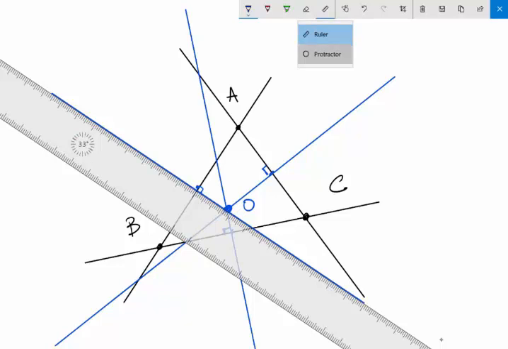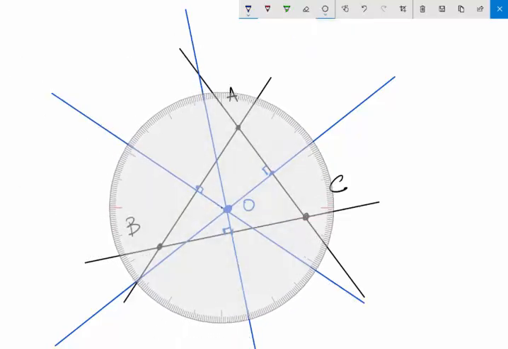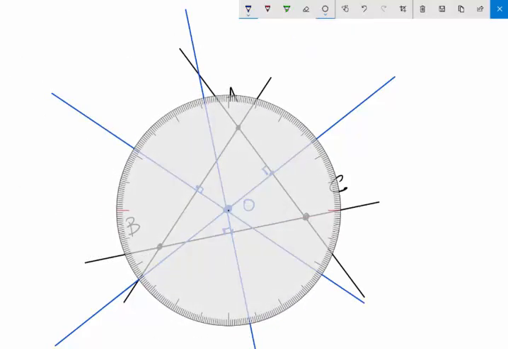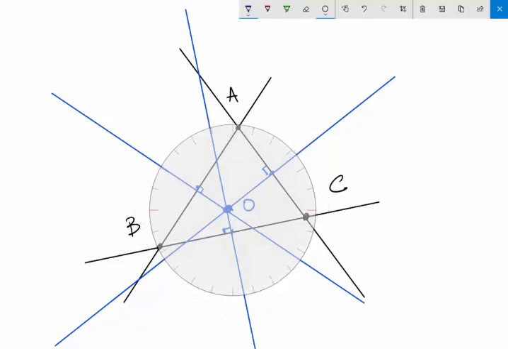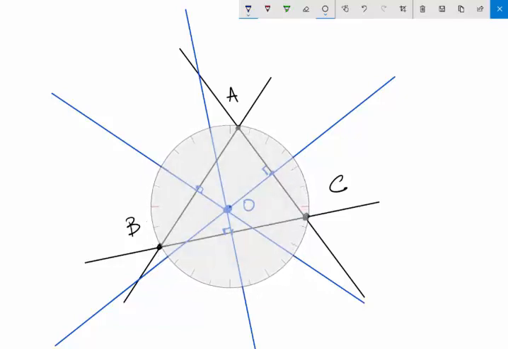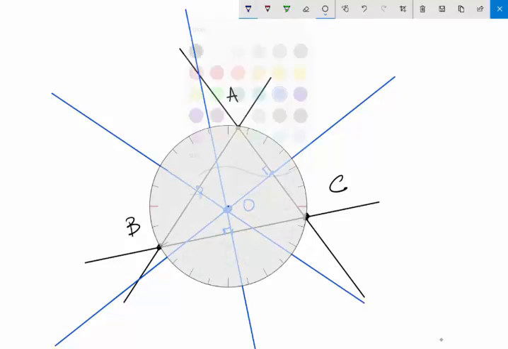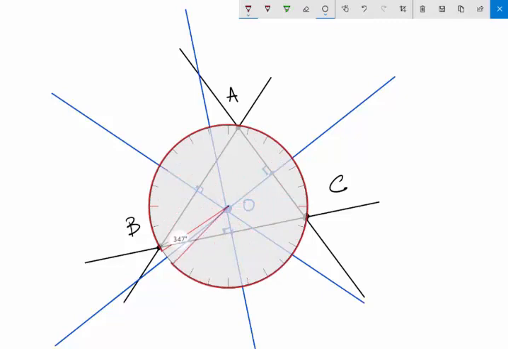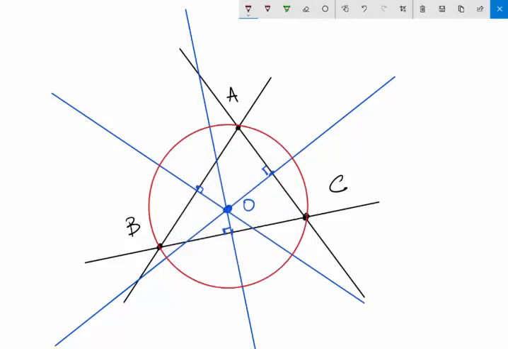And now we will try to draw the circle which is centered at O, and let's say it's passing through B, and you will see that this circle will automatically contain all the vertices of our triangle.